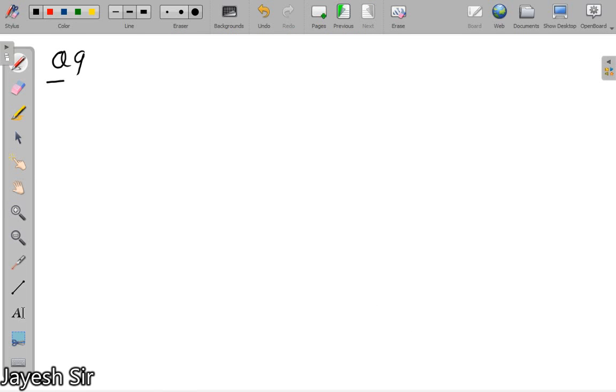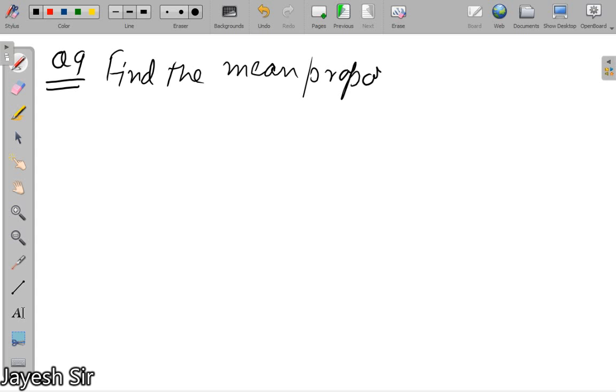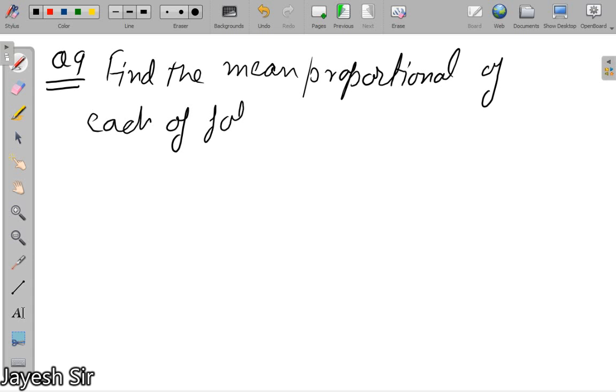Next is question number 9. Question number 9 is find the mean proportional of each of the following. So which value is the mean proportional value?